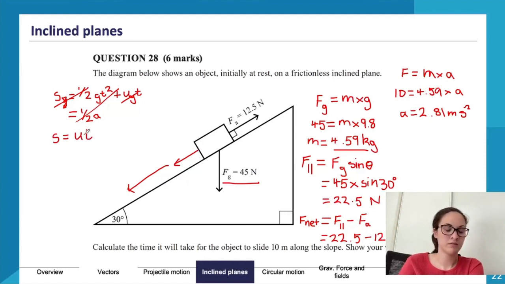S equals ut plus half at squared. Yeah, but the only thing is that we don't have that. So, just thinking, what we're going to do is we're going to say 10 meters.